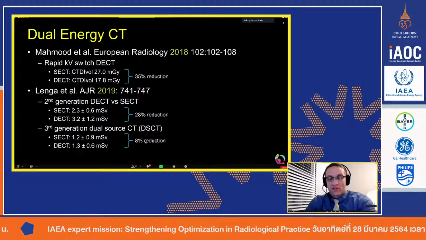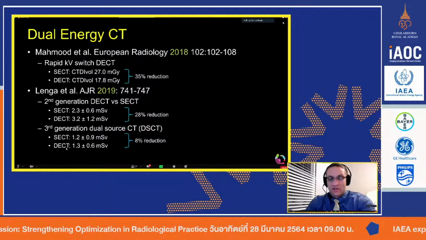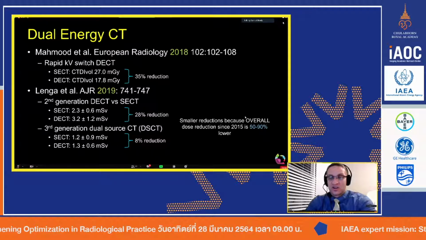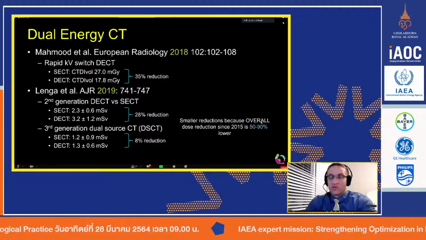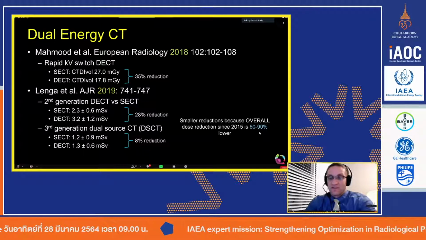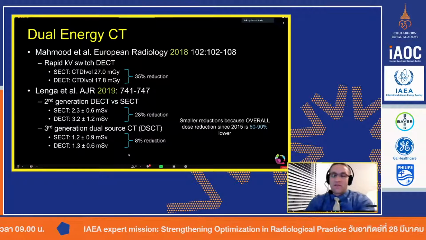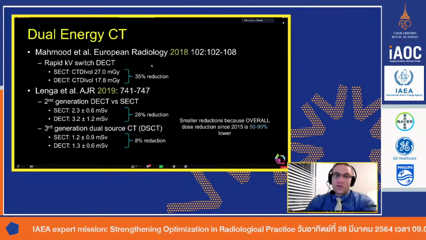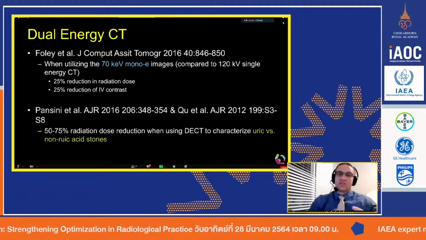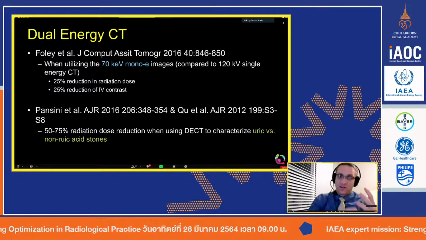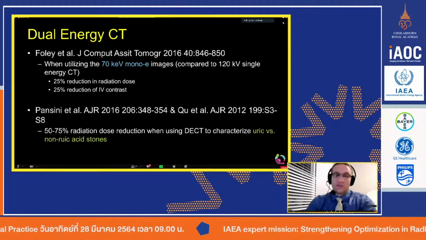So even though the dose reduction wasn't as distinct going from single energy to dual energy, when you compare just going back a couple of years, so just 3 to 4 years, the new dual energy CT scanners are about 50 to 90% lower in dose compared to where they were just 5 years ago. So the overall dose reduction has come down. We are using radiation much more optimally and very little when it comes to dual energy.